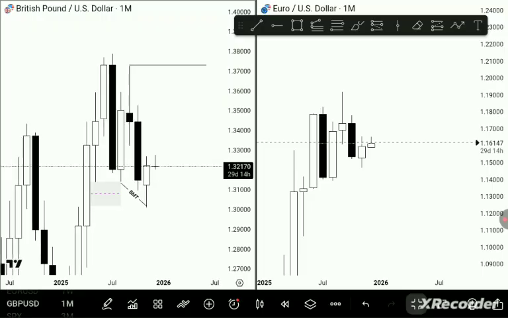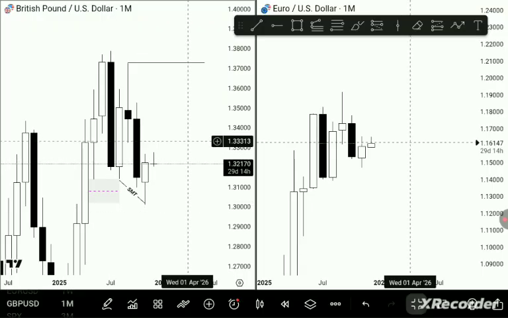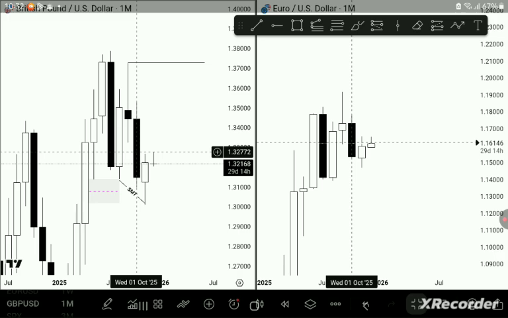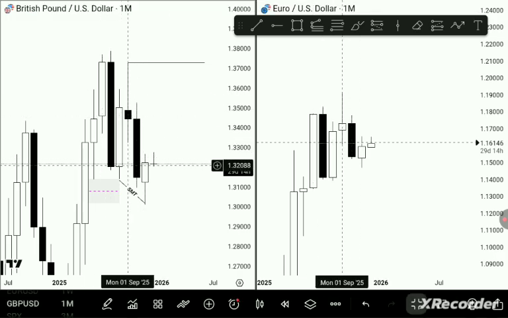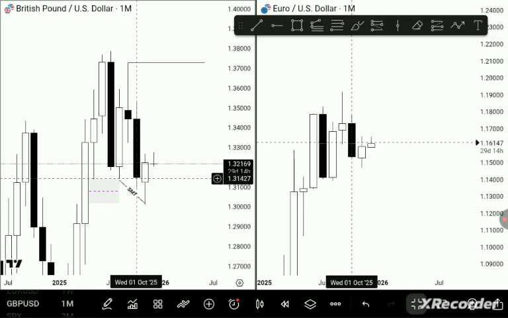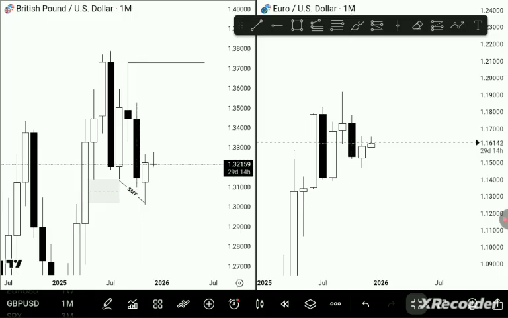But this was just a current bearish form in price. And I would call it short term because the higher time frame is more important than the lower time frame.